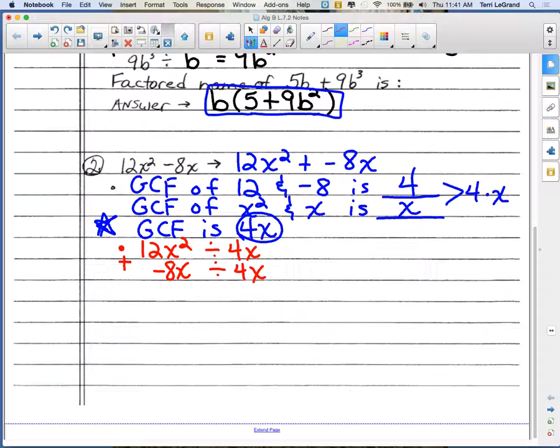What are the resulting terms that you end up with? All I want you to do is the dividing and get the resulting terms. You don't need to go any further than that.